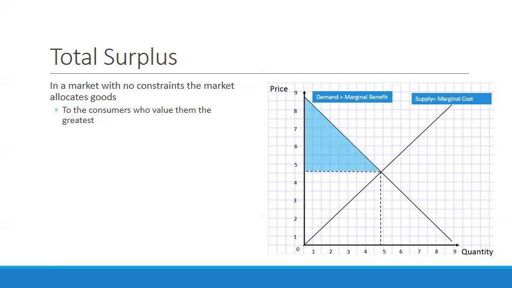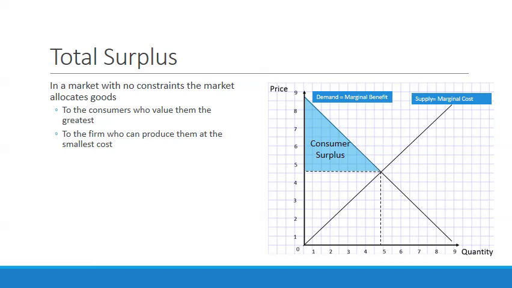Well, when we look at this, remember we're talking about value: as we increase up the demand line are people who value the product more and more and more. As people value the product more and more, of course, they're more willing to pay more money for it. And this is our consumer surplus. Now remember, our consumer surplus is simply the difference of what we're willing to pay for something, minus what we actually have to pay for it.